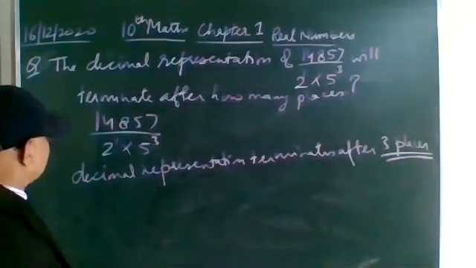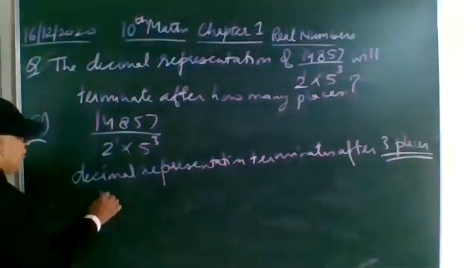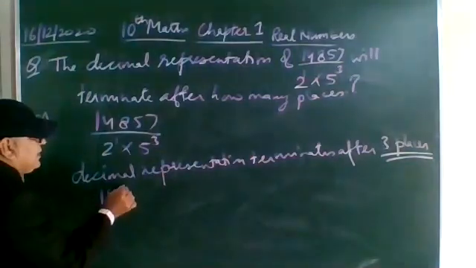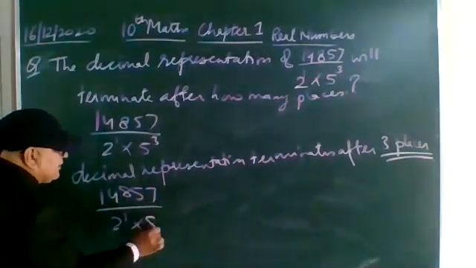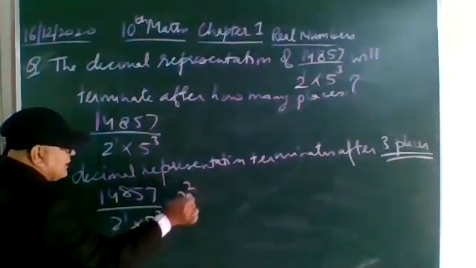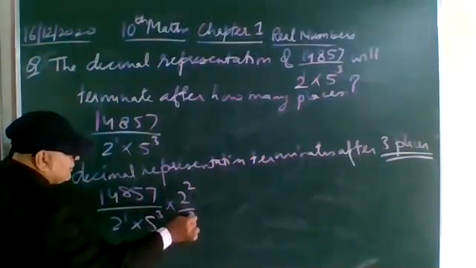Now, sometimes they ask you to write the answer. So what will you write? 14857 upon 2 power 1 into 5 power 3, multiplied by 2 square upon 2 square.